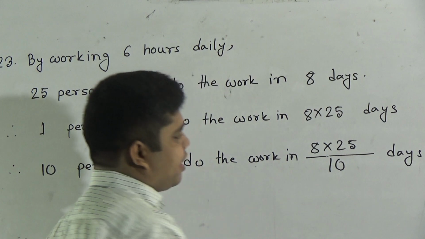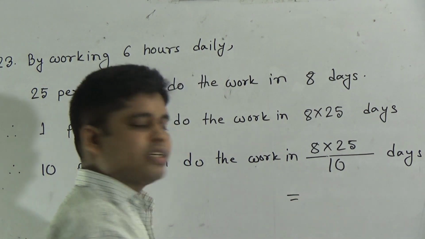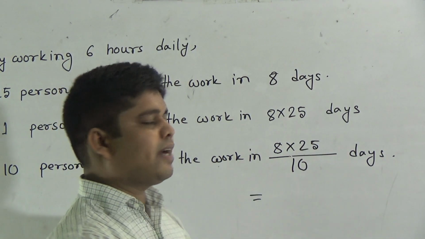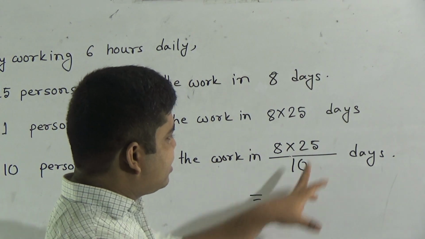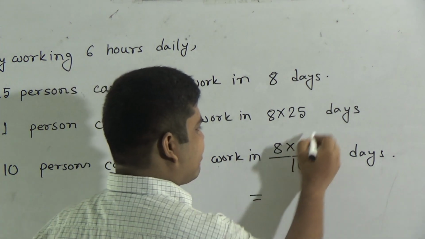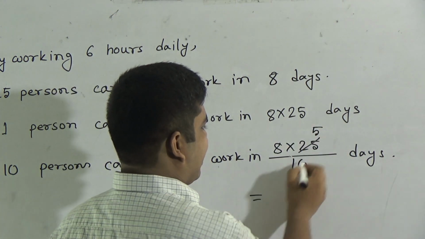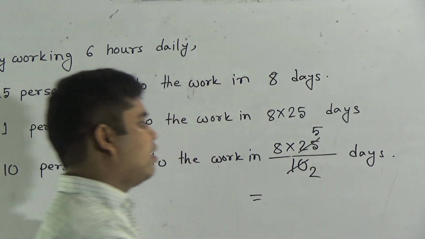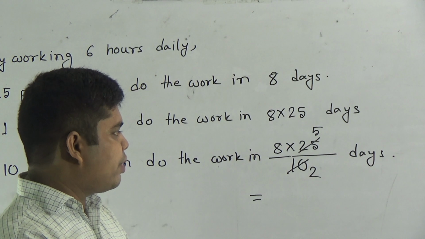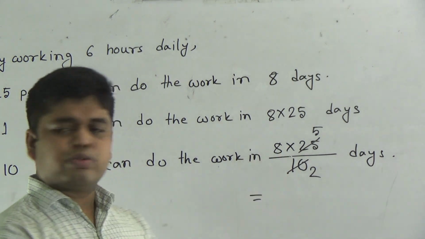Okay, now we do the calculation here. At first you notice here 10, here 25. So at first we cut this 25 and 10 by 5: 5 fives are 25 and 5 twos are 10. My dear students, notice here 8 and 2. So we cut this 8 and 2 by 2.